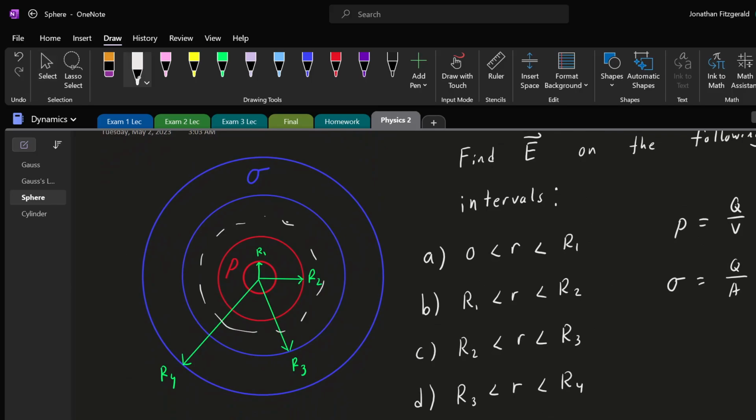Now, we're outside of this R2. We're past it, which means no matter how far past this R2 the Gaussian sphere is, it's always going to be enclosing the same charge, which includes the charge from R2 minus R1.